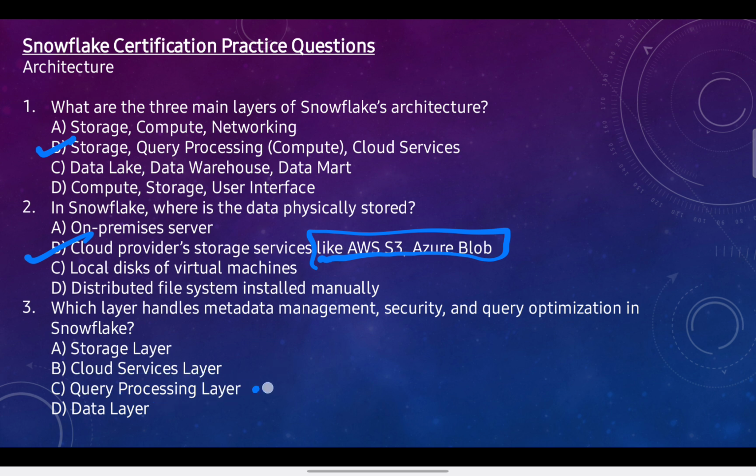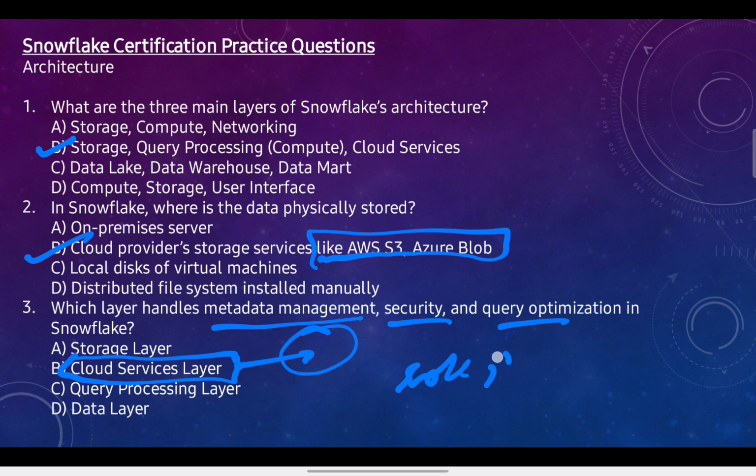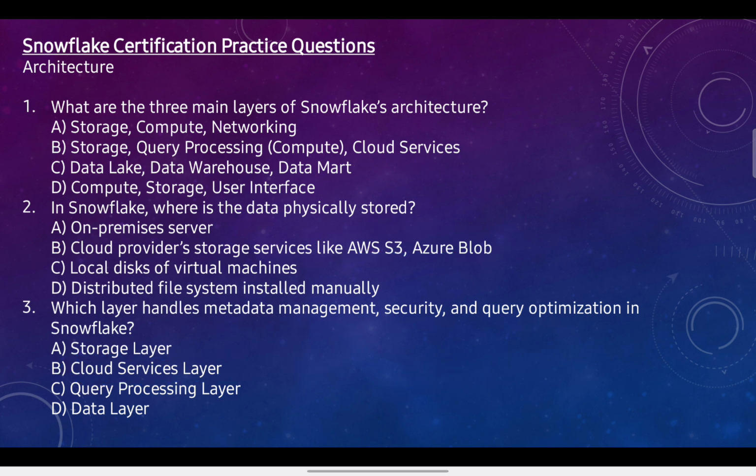In query processing, there are virtual warehouses which compute and execute the queries, and in cloud services, or the brain, administration happens. So metadata management, security, query optimization and role-based access, everything happens here.